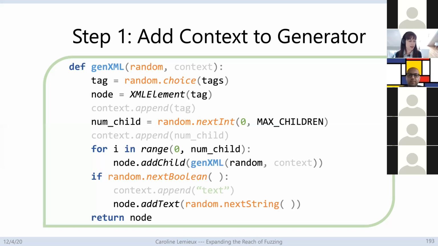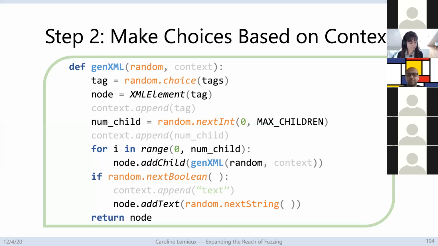So we're going to keep track of all the choices we've taken in this generator. And then the context for a particular choice is going to be basically all the choices that we're taking in the parent recursive call. We manually added this to the generator, but you could do this programmatically quite easily. And then, of course, we need to pass this context of all the choices that we took in the parent into those calls to random.